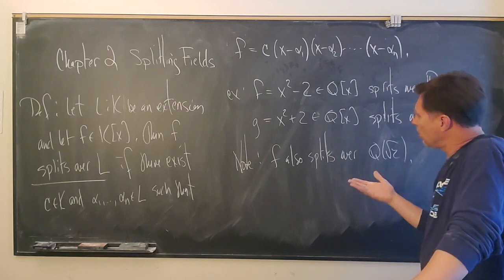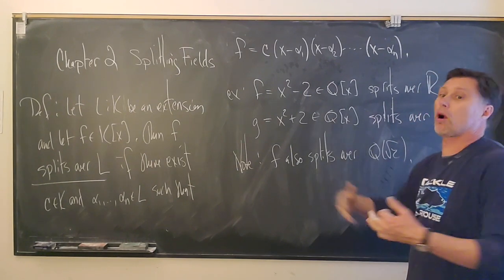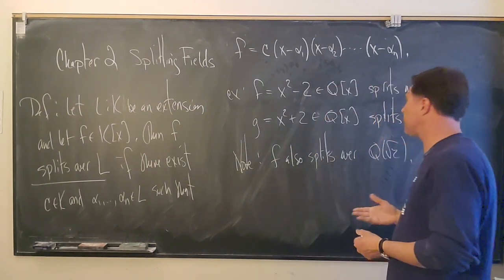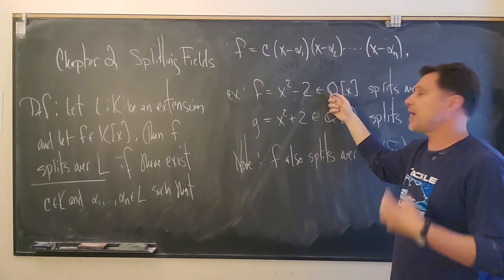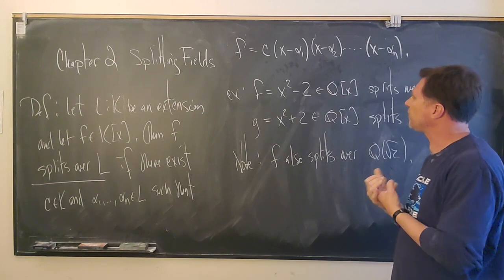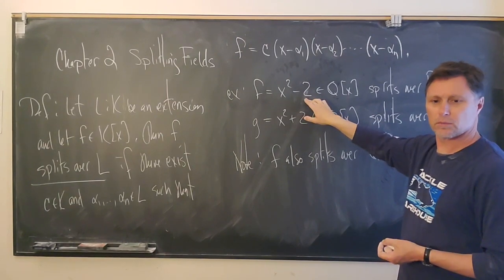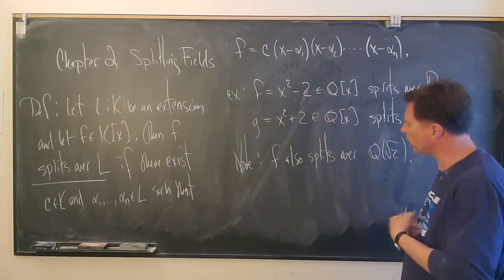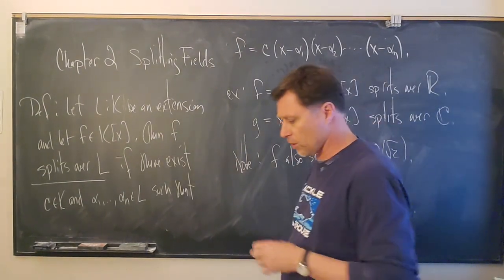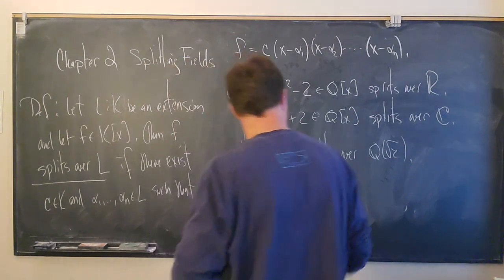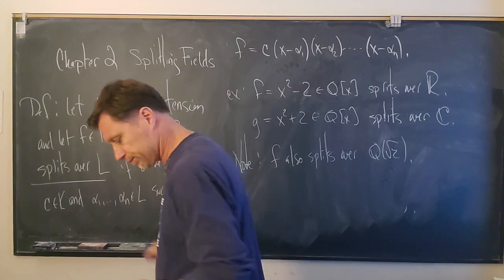And somehow we want to think of this as better, that we don't need all of R. R is uncountable, so we can be a bit more efficient. f splits, we're thinking of it as a polynomial with rational coefficients, in the field that we obtain by just taking the coefficients and adjoining one of the roots. Really, we adjoin both plus or minus root 2. That's all we need. We don't need all of R. And so that's nice. It's somehow a more efficient extension to work in.